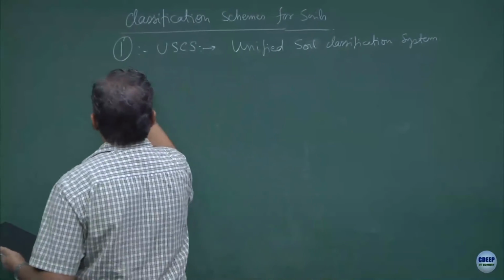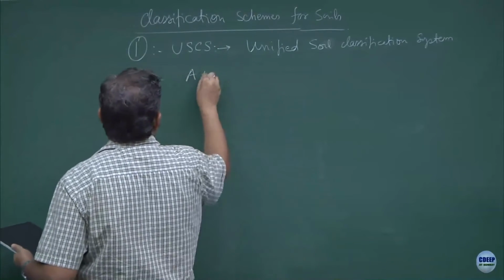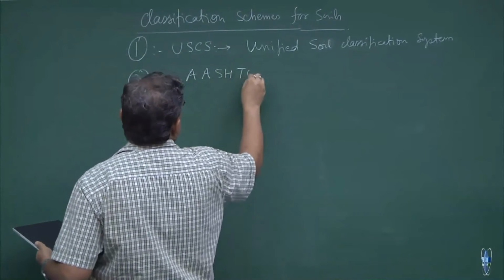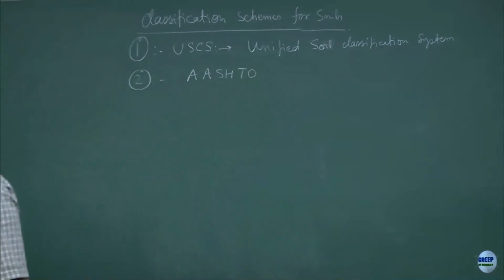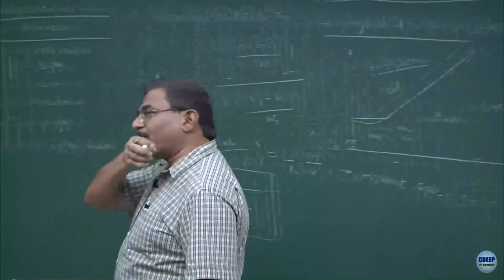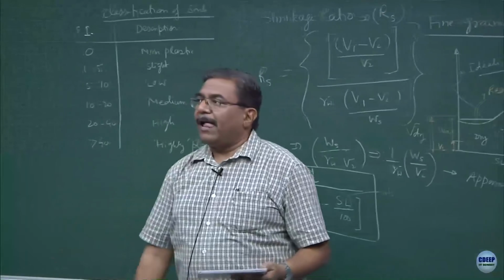The second one is AASHTO. How many of you are doing transportation engineering course? All of you, third year. So, you must be aware of what is AASHTO, is it not? No?